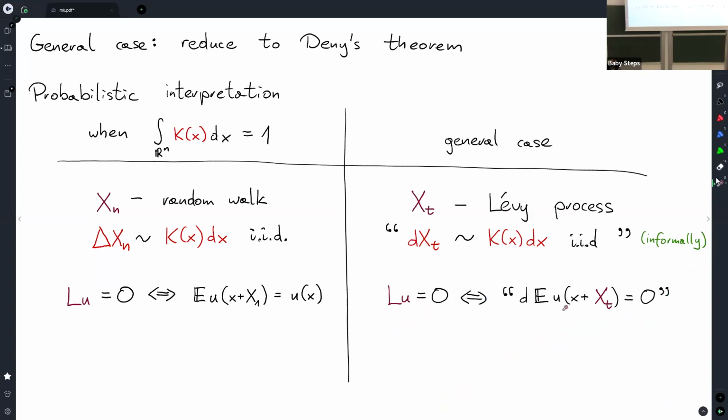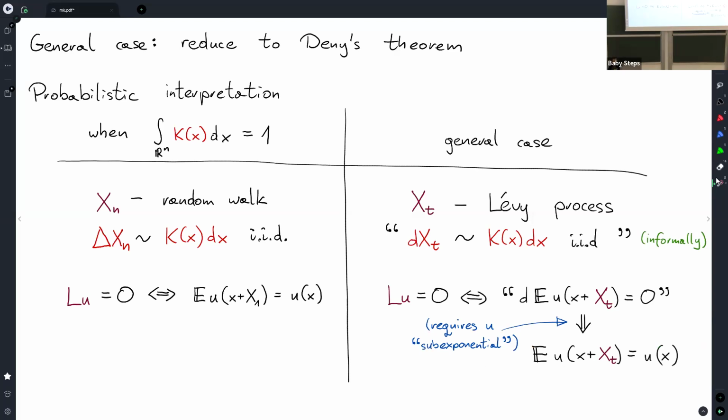Okay, and now again, the equation Lu equal to 0 can be interpreted in probabilistic terms as follows. If you take the expectation of U evaluated at x plus capital Xt, so instead of X at time 1, you take X at time t, and then let t go to 0, then the derivative will be 0. That can be made rigorous if you like, but I didn't do it. That should tell you that indeed the expectation of U evaluated at x plus Xt is the same as U of x, because if something has derivative 0, it's necessarily constant.